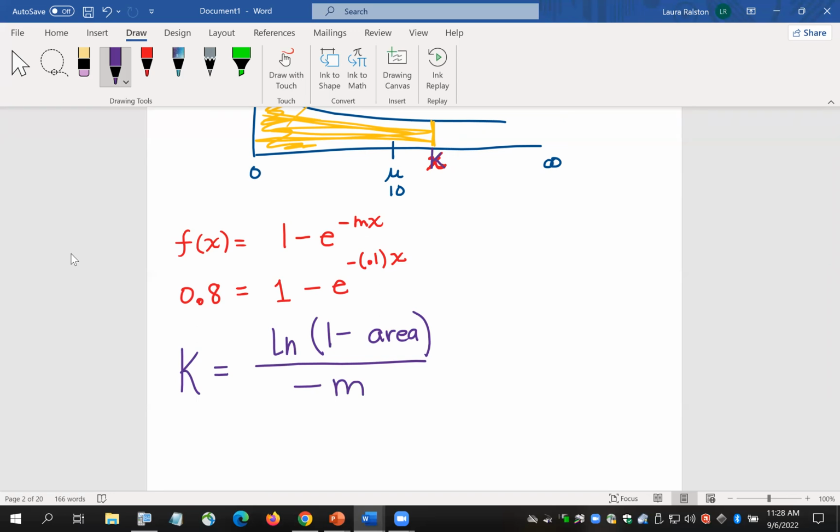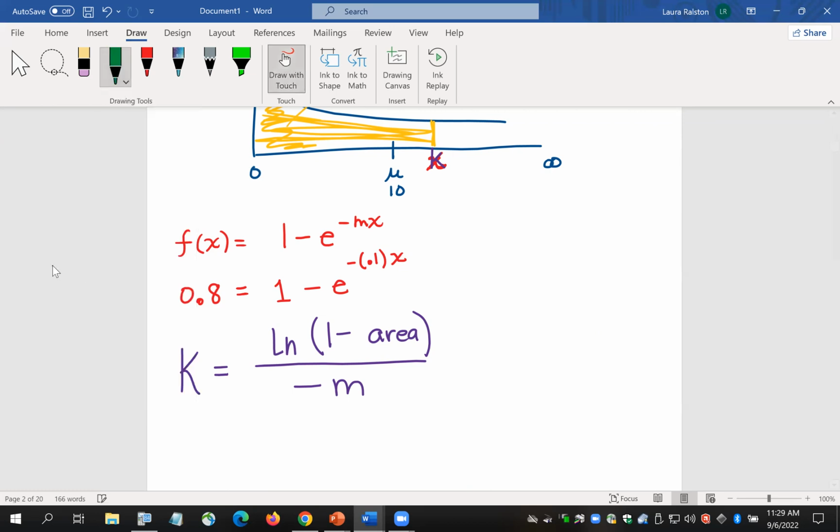It's the natural log of 1 minus the area. The area corresponds to the percentage, because remember, area equals the probability. Probability is a percentage, divided by negative m.